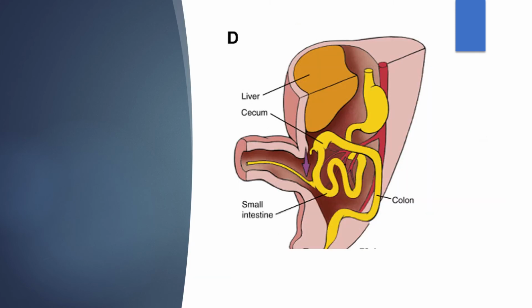Now we can see the third stage of rotation. See, in the picture we can see the cecum is now present in the subhepatic region. We can see it here. So this grows downwards and it rests over the right iliac region. The cecum is going to rest. Now the extending part from the subhepatic to the right iliac region becomes the ascending colon.